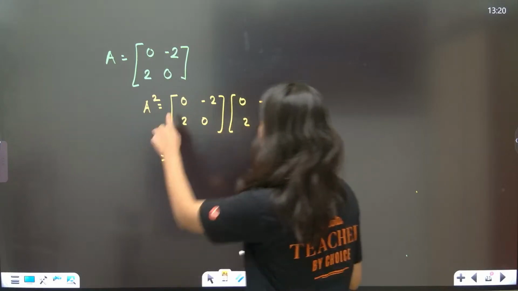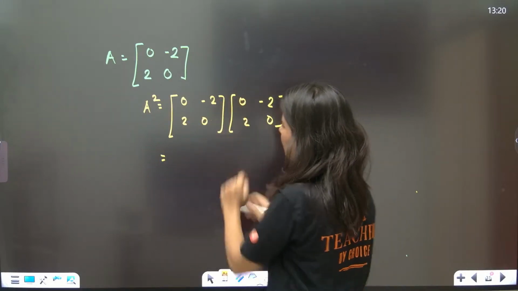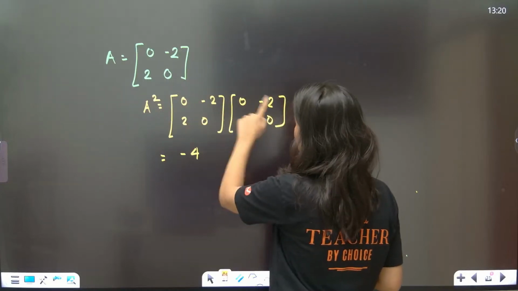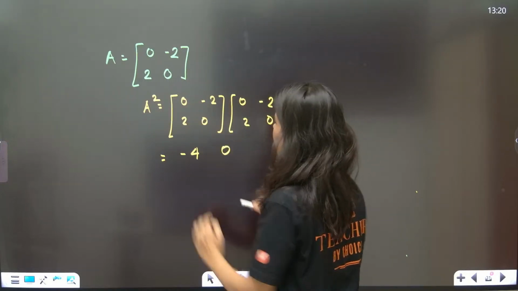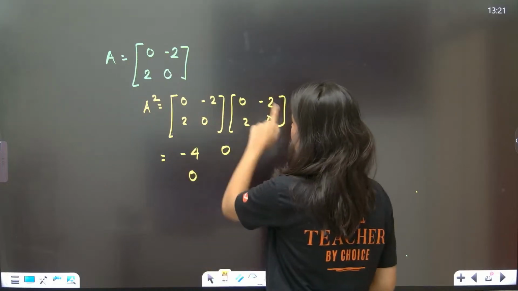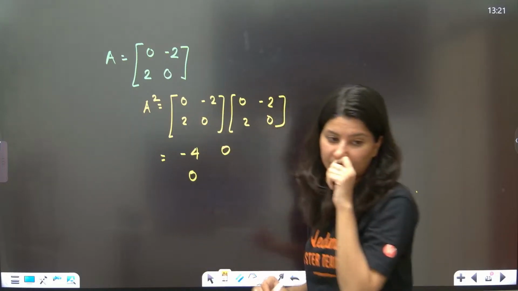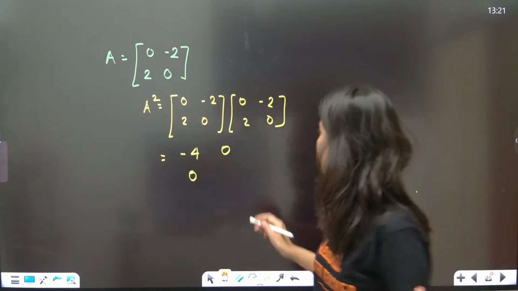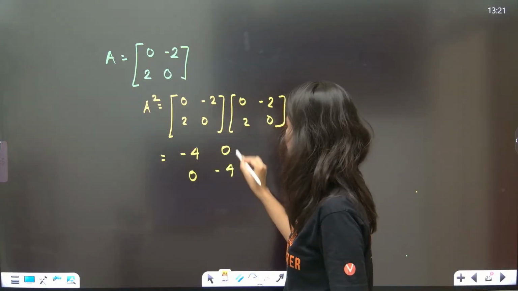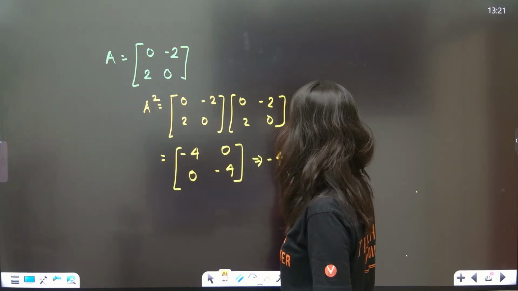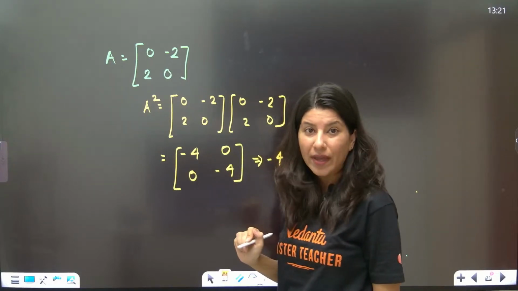Row 1, column 1 is minus 4. Row 1, column 2 is 0, then 0, and minus 4. So clearly A squared is minus 4 times the identity matrix.